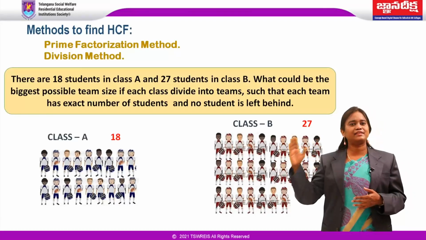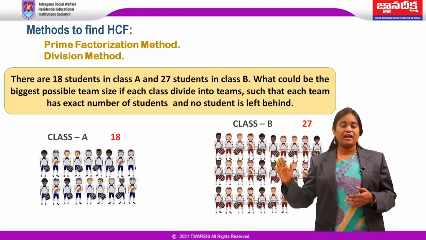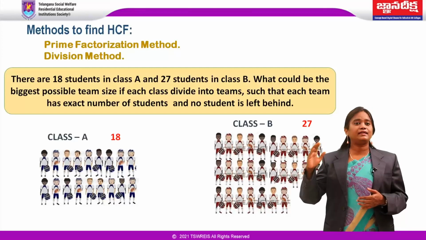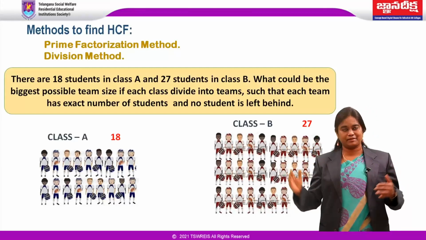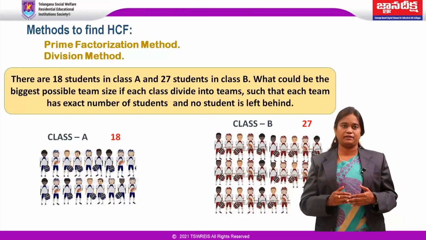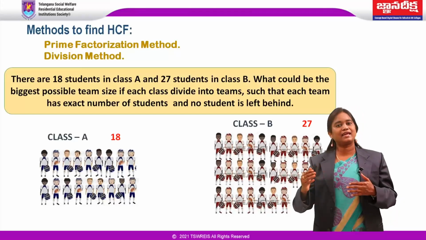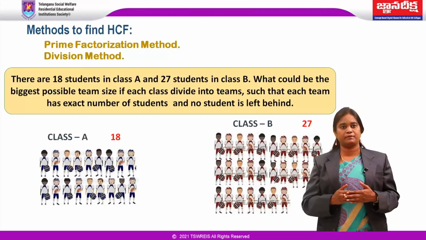Suppose there are 18 students in class A and 27 students in class B. Each class divides into teams to prepare for the tournament. The winning team of each class plays each other in the final tournament.